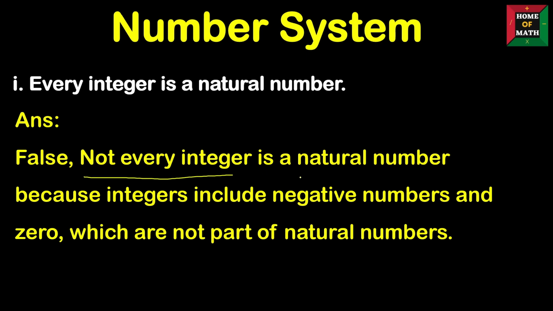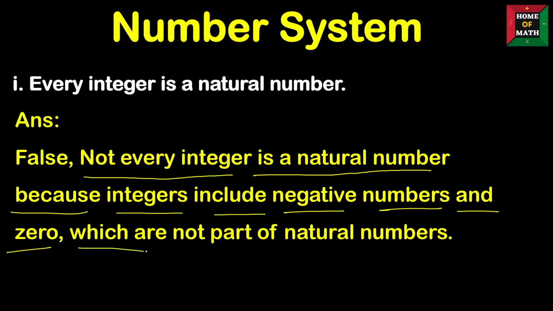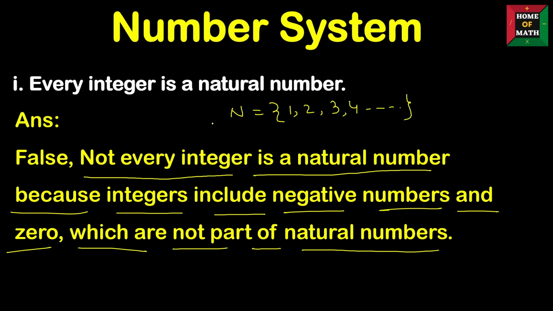not every integer is a natural number, because integers include negative numbers and 0, which are not part of natural numbers. Look, the natural numbers are N, which we can express like 1, 2, 3, 4, like this, and integers are Z, which include -3, -2, -1, including 0, then 1, 2, 3, 4, like this.